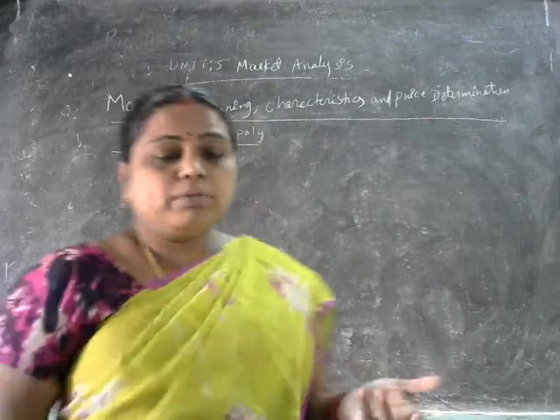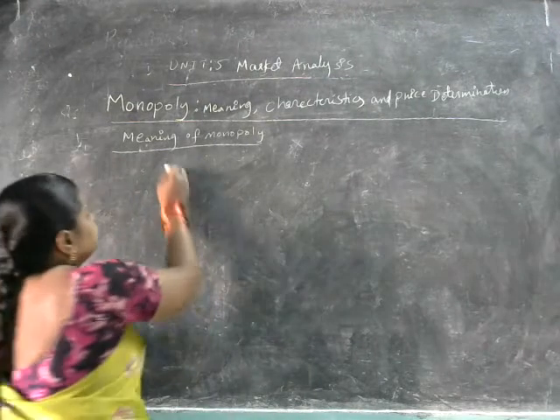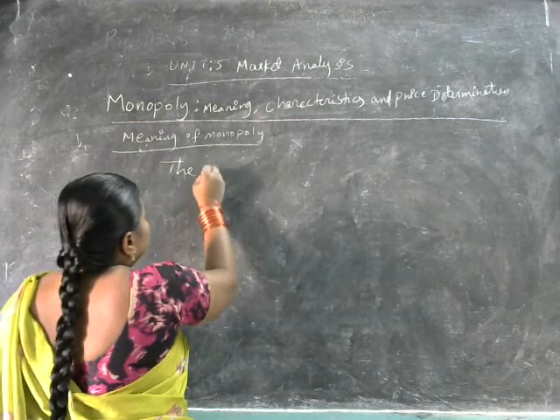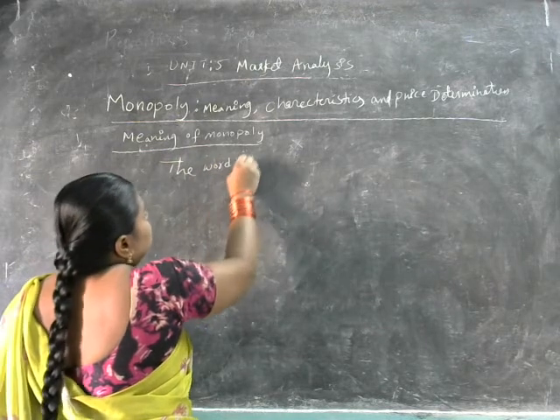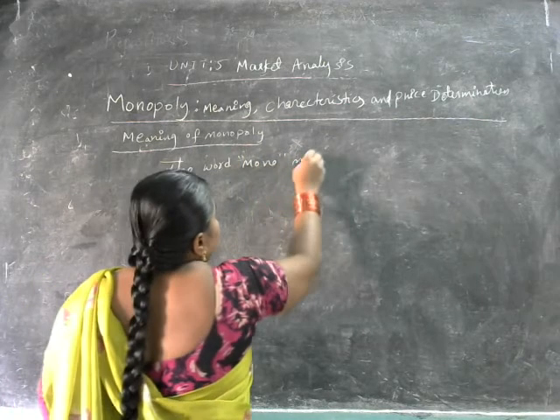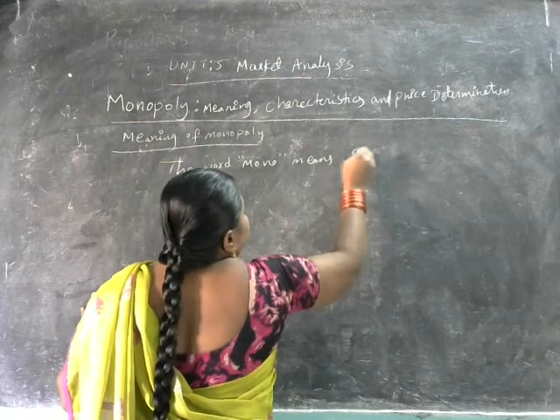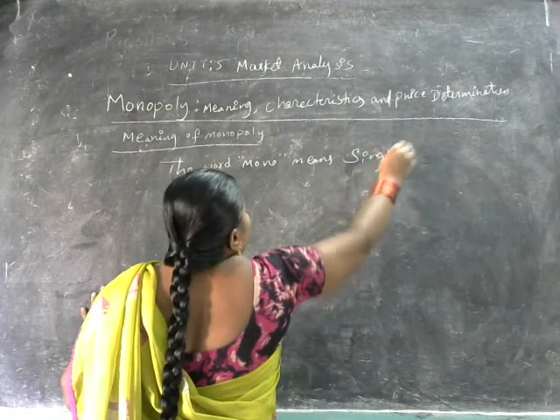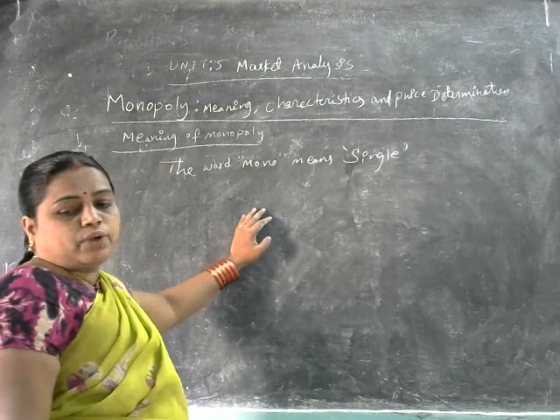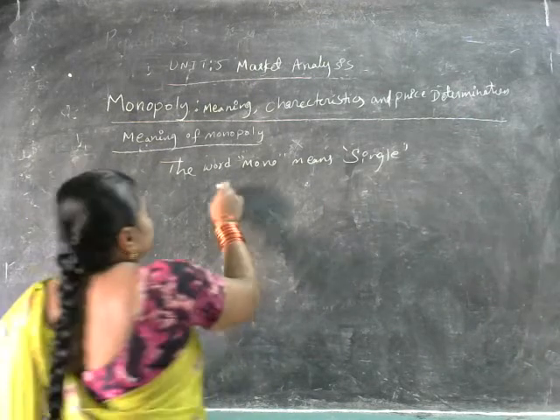The word mono means single, and poly means seller.